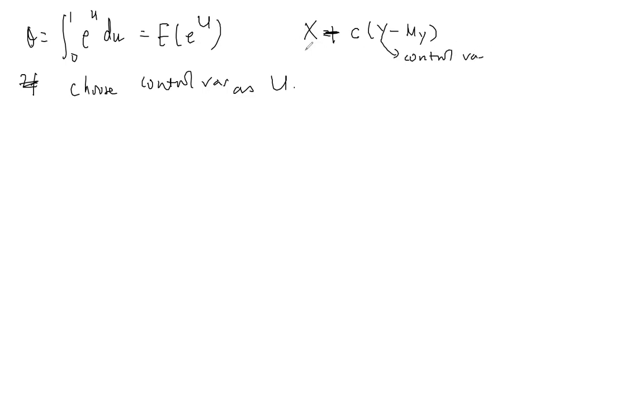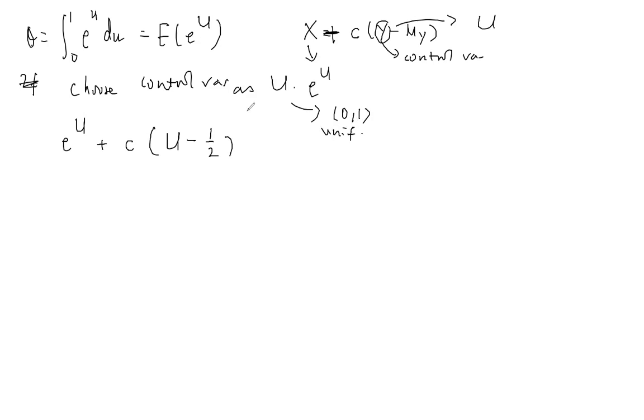So in this case here, this part is our E of u, and this part here is our control variable, so we choose u. If we choose u, what will happen? It will be E of u plus c times u minus the mean of the uniform on 0, 1, which is 1 over 2.